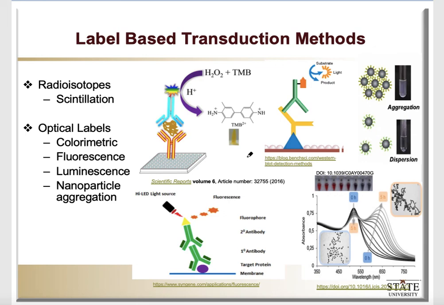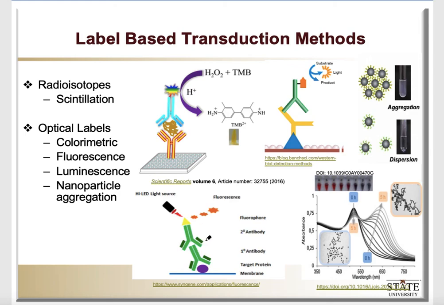Now, I mentioned that these label-based transduction methods have the ability to be very sensitive because of amplification. One way is that you could label your antibody with more than one of those enzymes or those fluorescent molecules, and that would increase your sensitivity.